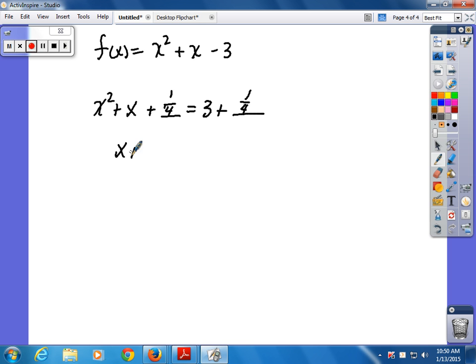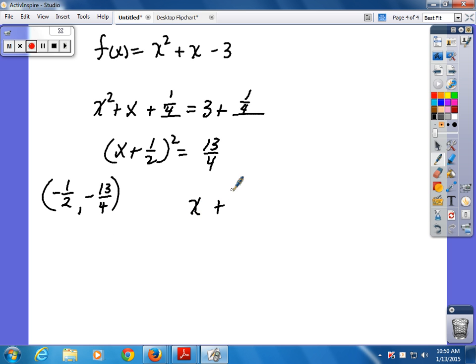So (x plus 1/2) squared is equal to 3 plus 1/4, which is 13/4. So we've got a vertex of negative 1/2 and negative 13/4. Then x plus 1/2 is equal to plus or minus the square root of 13 over 2, so x is equal to the square root of 13 minus 1, over 2.